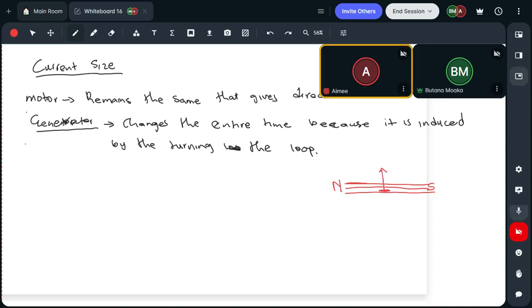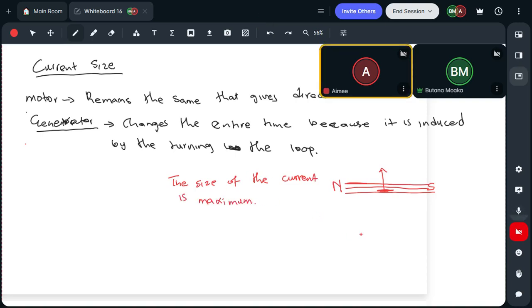That's how we say it's perpendicular, right? If the movement direction of the loop is perpendicular to the field lines, the size of the current is maximum.